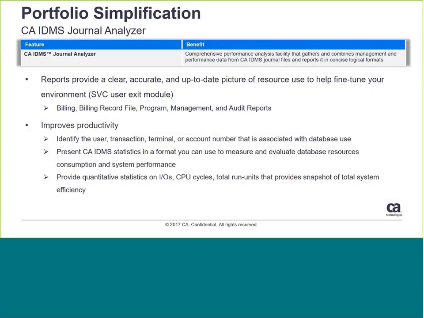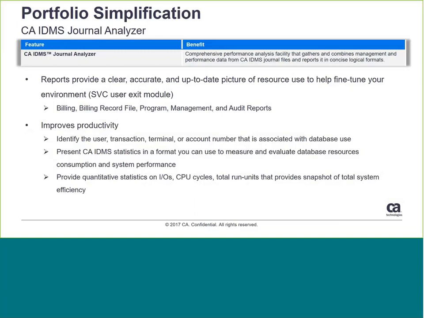Okay. Another set of analyzers that are a little bit less about the structure of the database and more about your operation: there's the Journal Analyzer. Journal Analyzer looks at your IDMS journals. For DB2 users, what DB2 calls a log file, we call a journal, and of course we have our own log file.